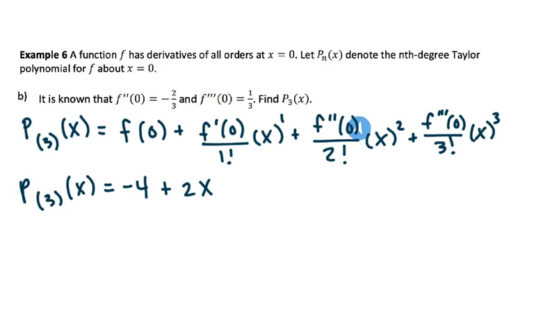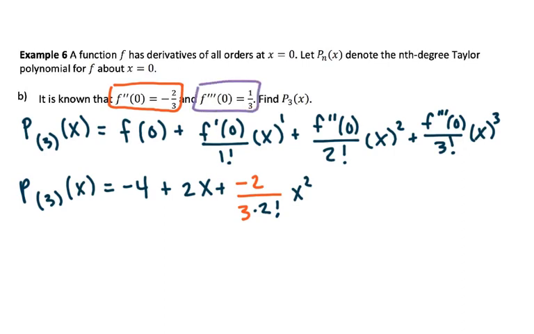F double prime is -2/3. So that's going to become -2 over 3. And then I'm going to leave everything else with it. So 2 times 2 factorial here. And then I'm just going to say x squared to the side. Okay, and then f triple prime is 1/3.